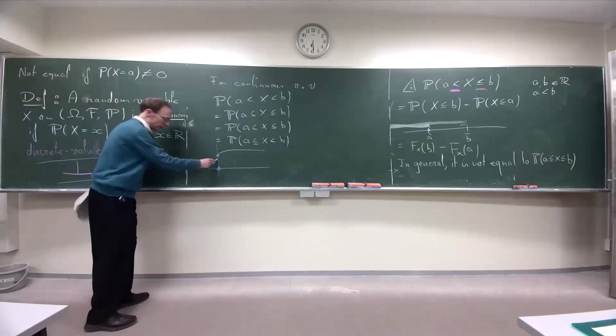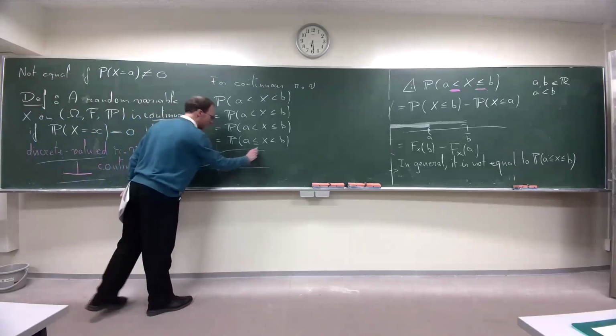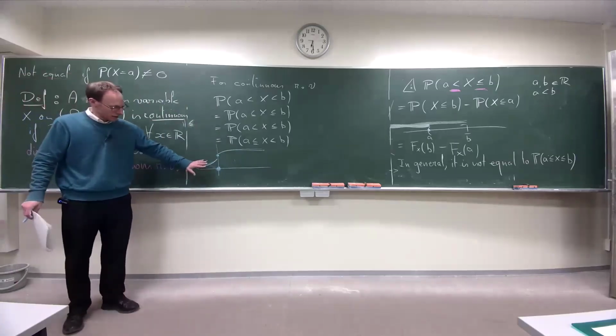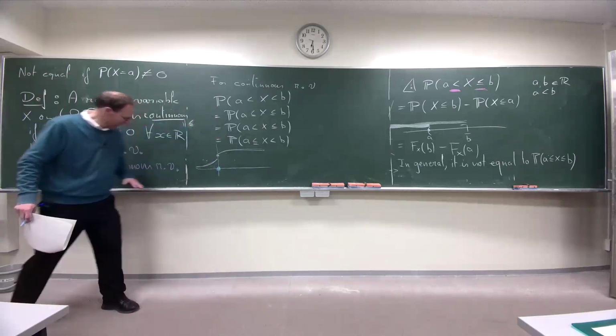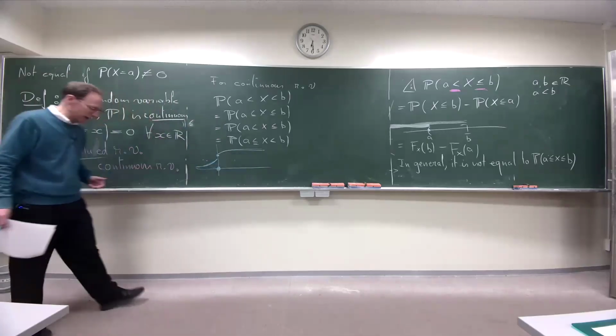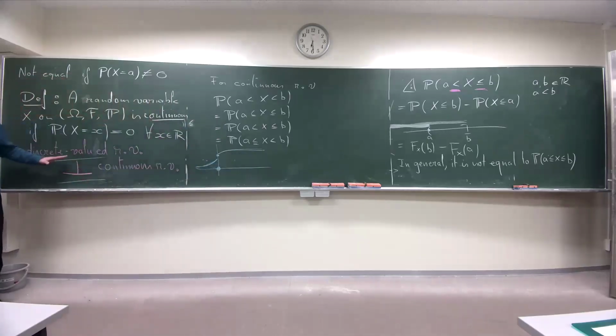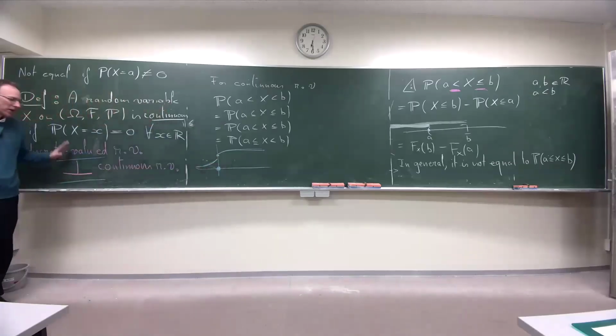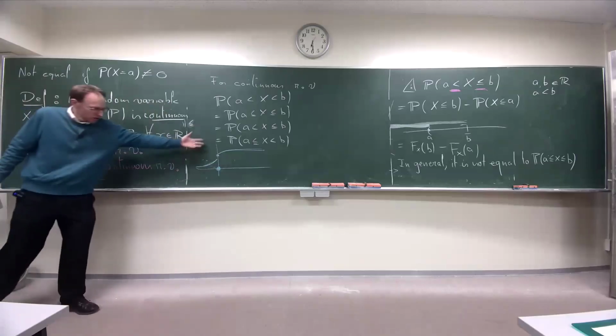On the other hand, on this part and on this part, it's going to be continuous. So I'm claiming, with this vague statement, that if I have only lines, it's continuous. If I have only dots, it's discrete valued. And it turned out you can make things which are a kind of linear combination of both. It's included in the theory. I just haven't mentioned what a linear combination is. It's just this.